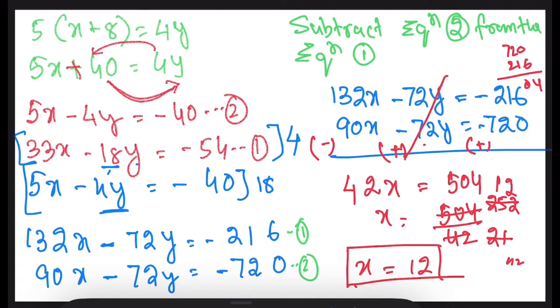Now let's substitute x in the second equation: 5x minus 4y equals minus 40.